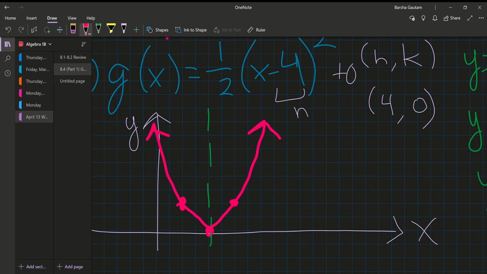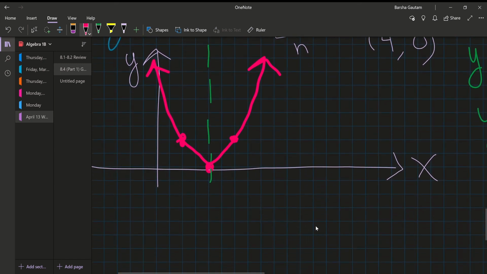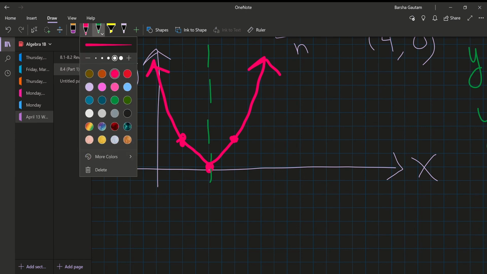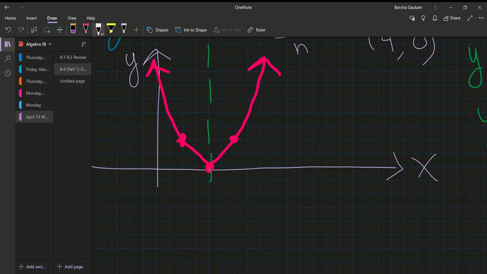Okay, and if we compare this to the graph of x squared, which is what the question asked us to do, it would look something like this. Let's do this in a different color. Let's go with white. So our vertex for y equals x squared would be right there. If we plug in 0, that would be our vertex.